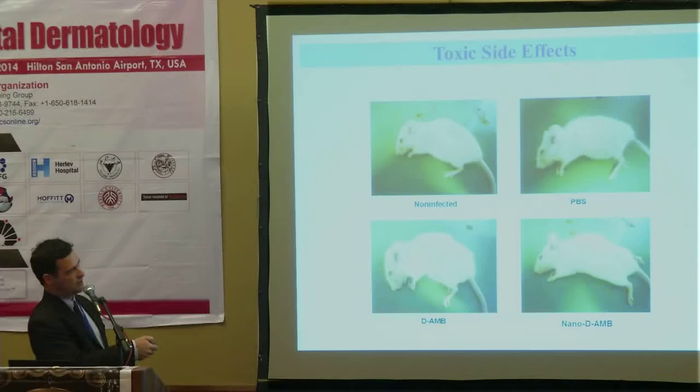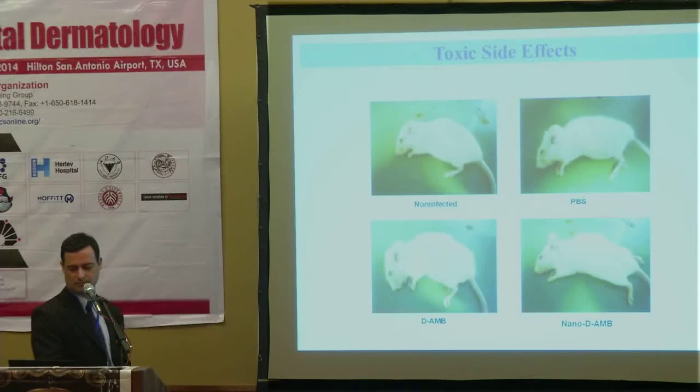When you compare the physical appearance of the animals, we can see here the non-infected, or healthy, animal, the infected one, and animals treated with amphotericin B or with our nano-formulation. We can see that our formulation did not cause serious side effects on the animals.